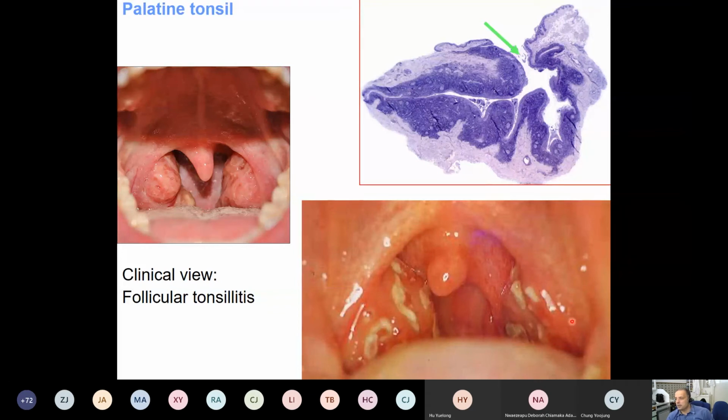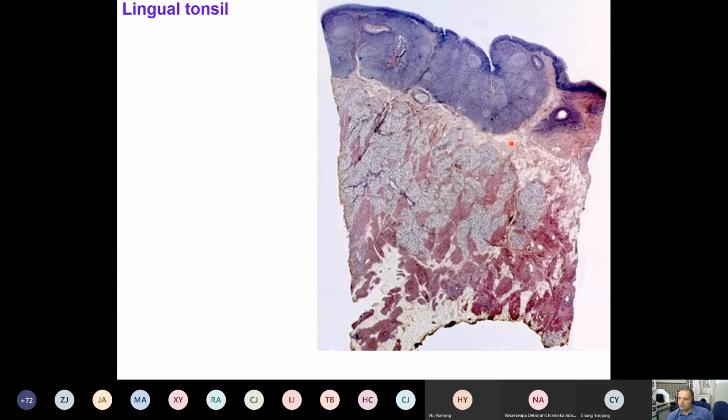Okay, so this is a clinical issue related to the palatine tonsil. Due to the deep crypts and the low amount of glandular tissue in the neighborhood, the crypts get infected quite commonly, and that's a problem. Okay, so that's the story of the palatine tonsil.